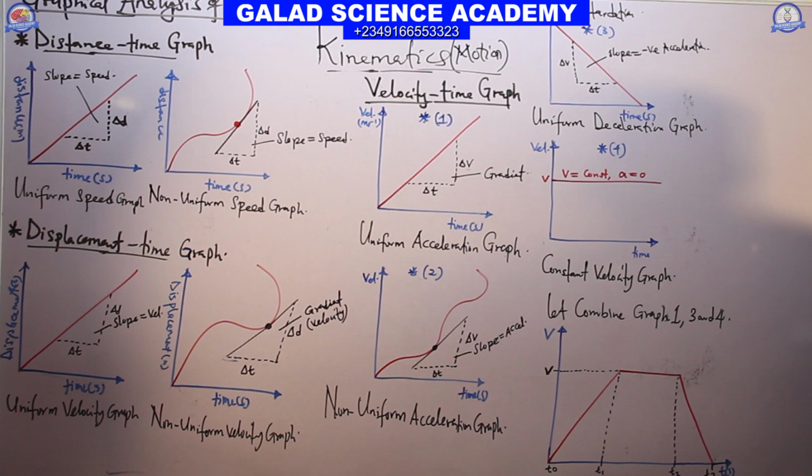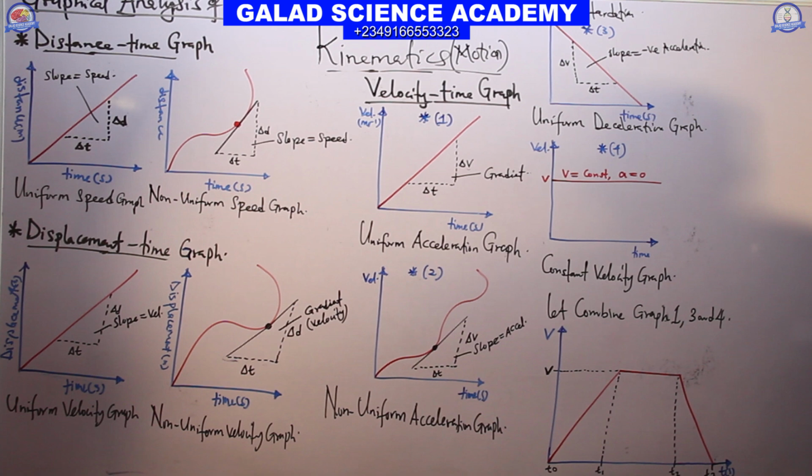This side will be velocity in meters per second, and the horizontal axis will be time. If you now plot the graph, you have a straight line like this.